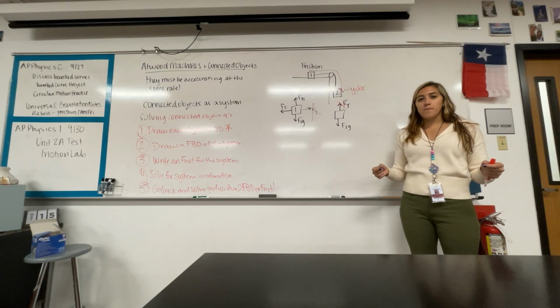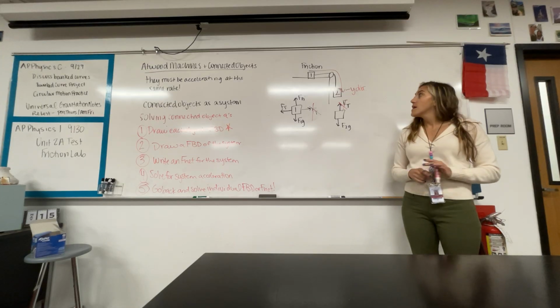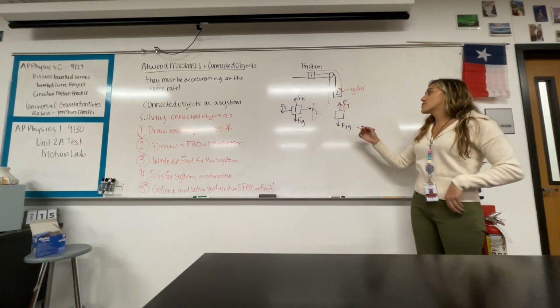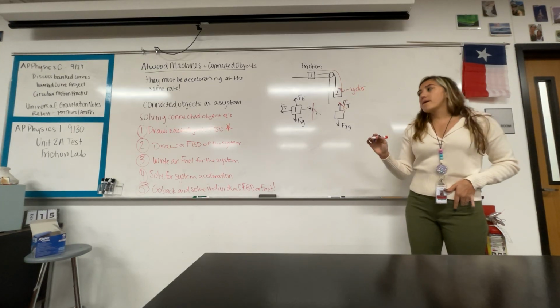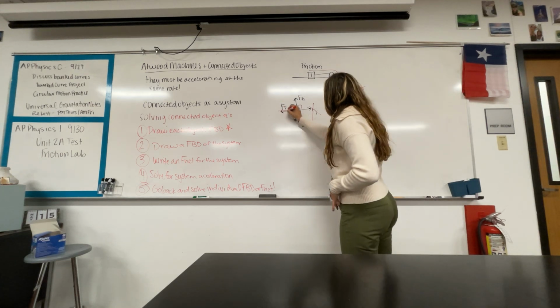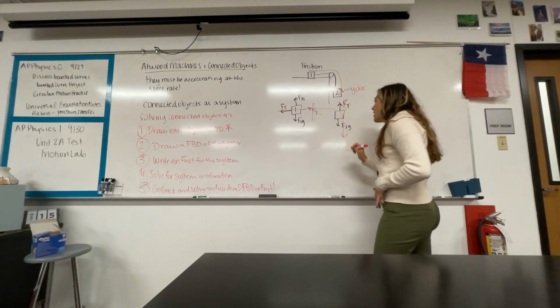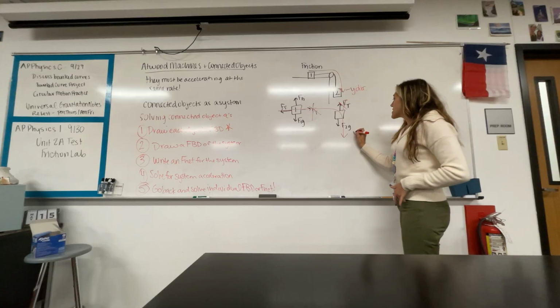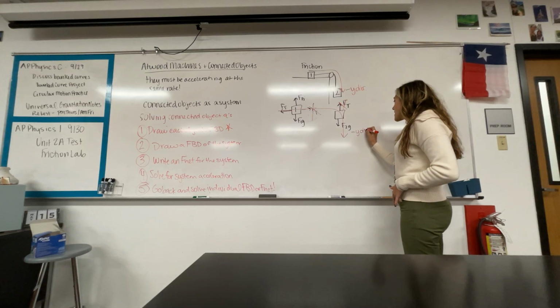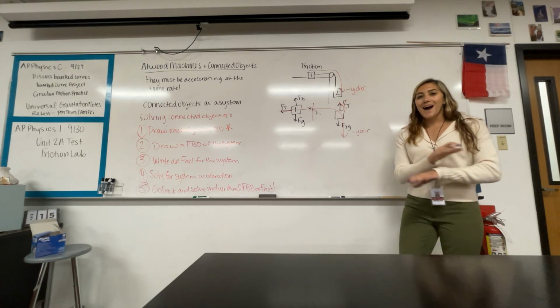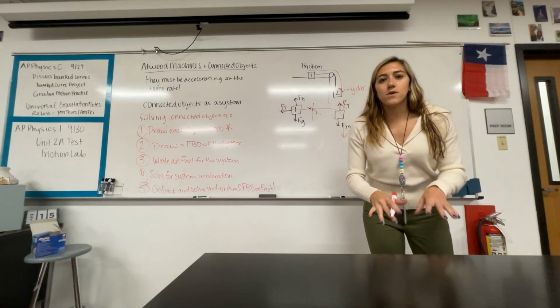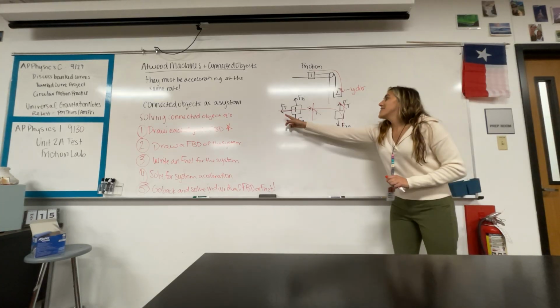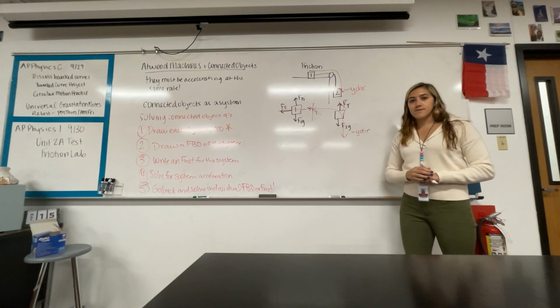How you draw this free body diagram will not change the actual answer, so it's fine. But I'm going to say this is my negative Y direction. If it helps on your free body diagrams, draw that direction on there so that you can see, okay, this is what I'm counting as my negative Y direction. I don't care about any forces that aren't going in this direction.